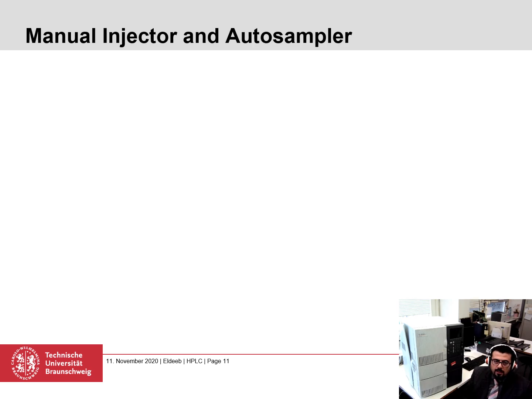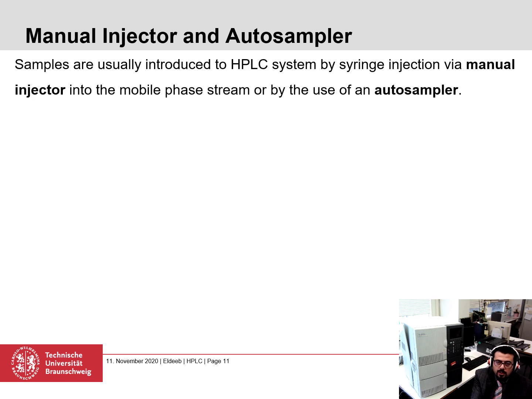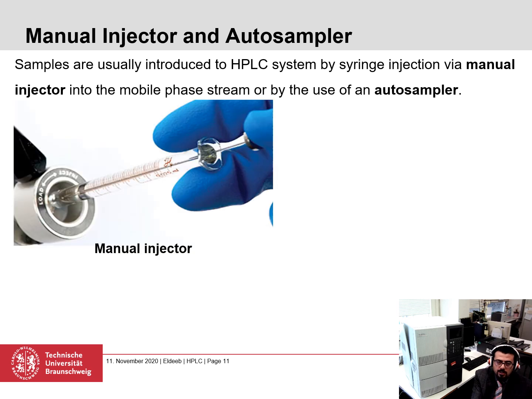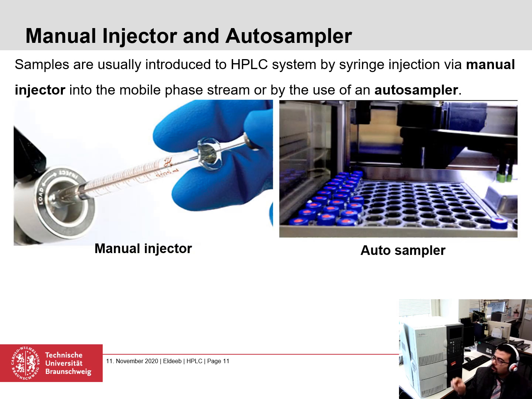And now about the sample introduction system, which is used to deliver the components of the sample by the stream of the mobile phase to the stationary phase inside the column. One can use either manual injection or autosampler. Autosampler is the part shown here in the instrument.